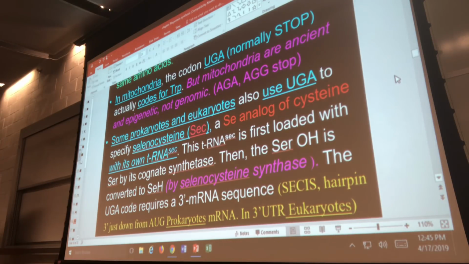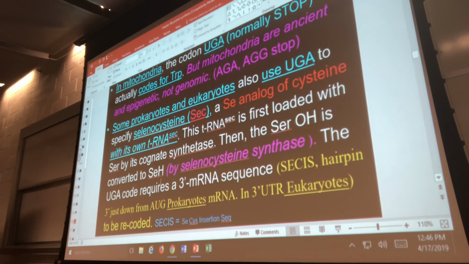You won't have to know what it looks like. Selenocysteine is an analog of cysteine, and it is coded by UGA. So UGA has its own weird rules associated with it. Sometimes it's a stop codon, sometimes it codes for tryptophan in mitochondria, and sometimes it codes for something called selenocysteine in some prokaryotes and eukaryotes.